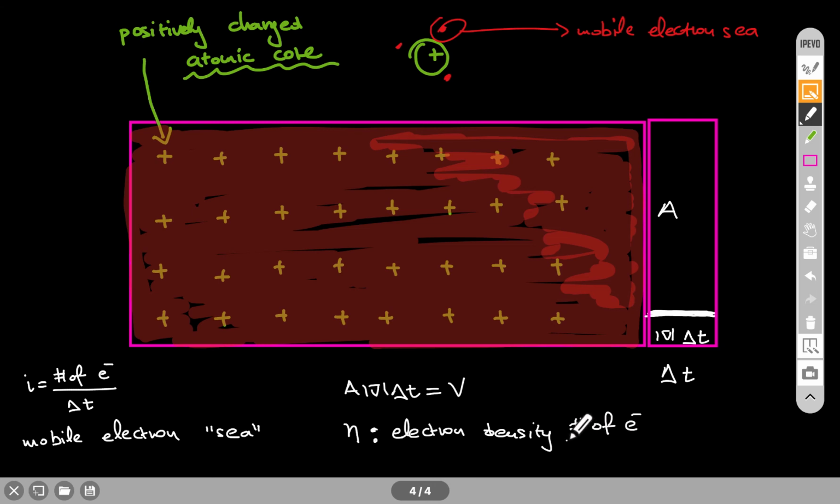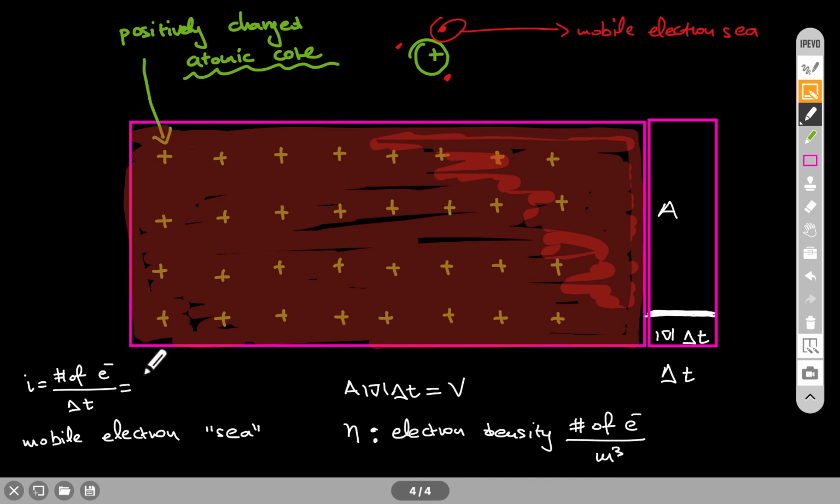So it's the number of electrons, let's say, per meter cubed. This will be the units. That means if the electron density shows me how many electrons I have in a unit volume, if I multiply the electron density with the volume, I'm going to get the number of electrons, which is in the numerator.